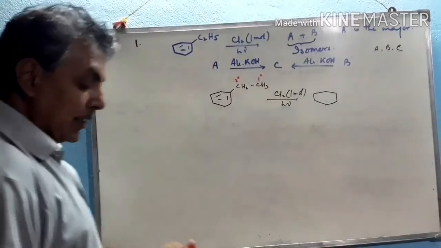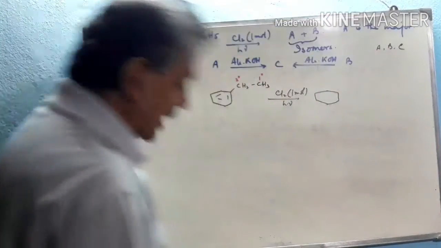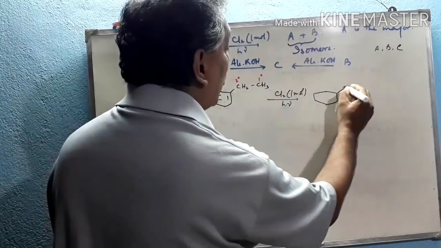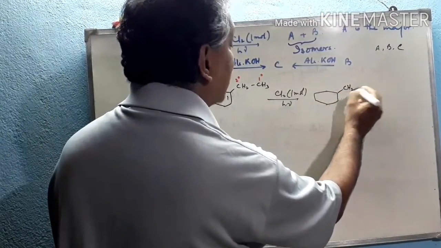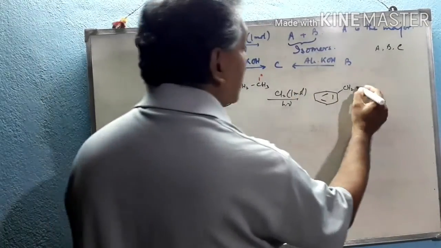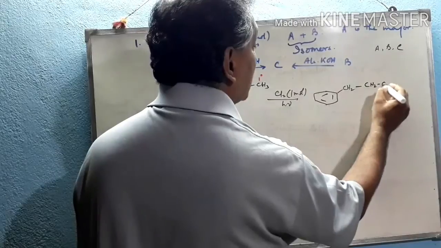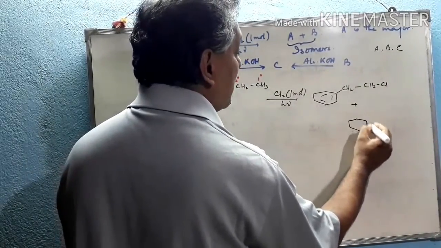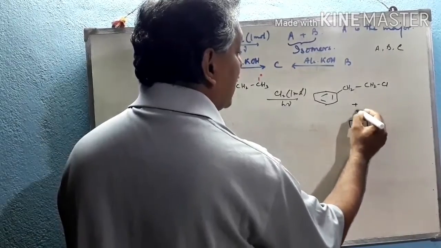There are two different types of hydrogen atoms. Whenever 1 degree hydrogen is replaced by the chlorine atom, because this is a radical substitution reaction, this will be the product, plus when 2 degree hydrogen is replaced by the chlorine atom, this will be the product.